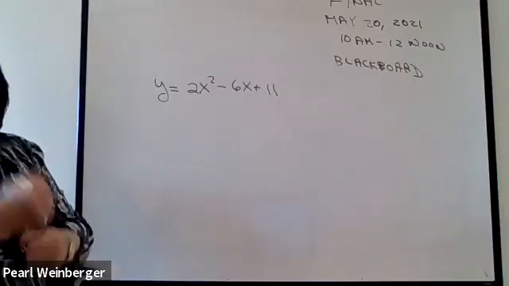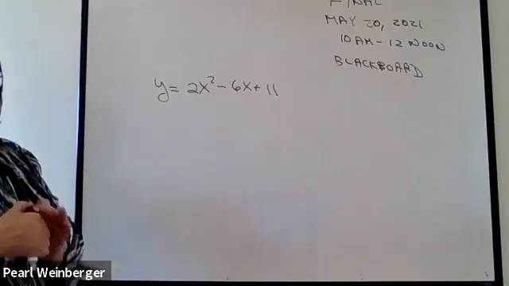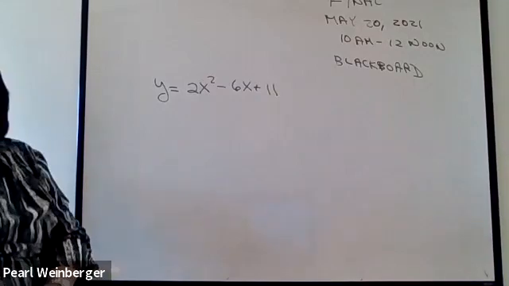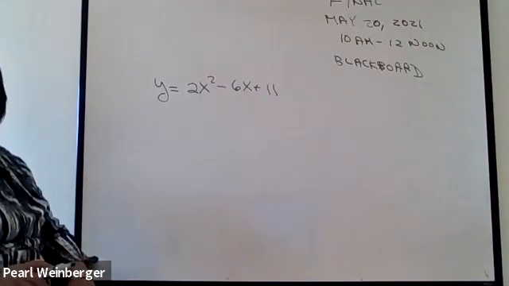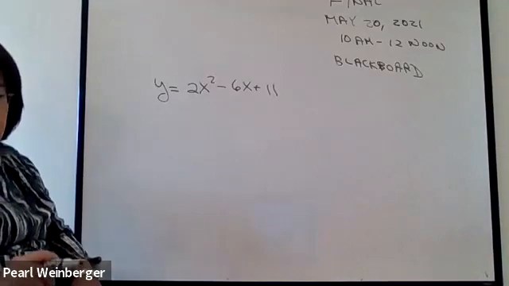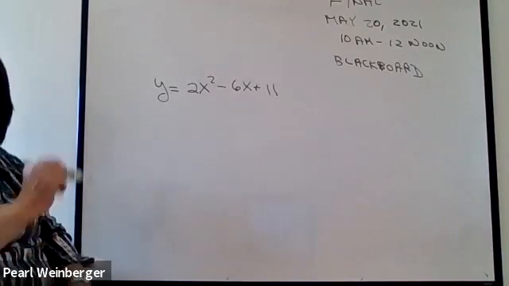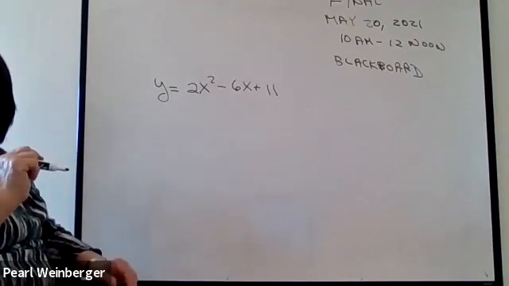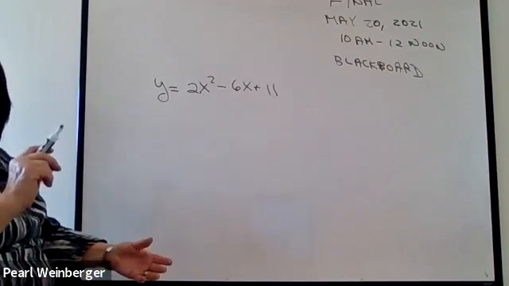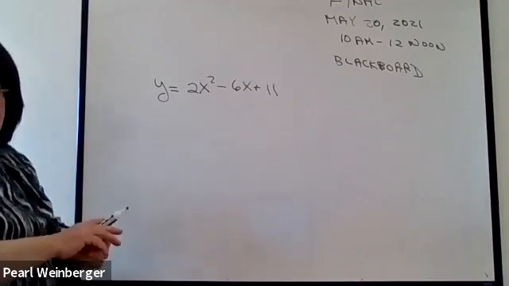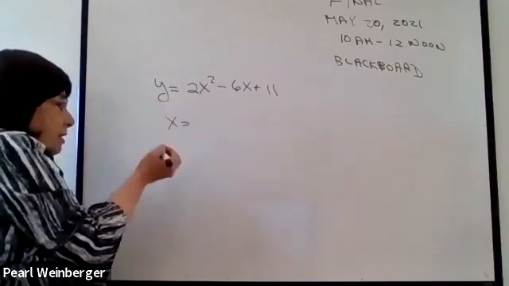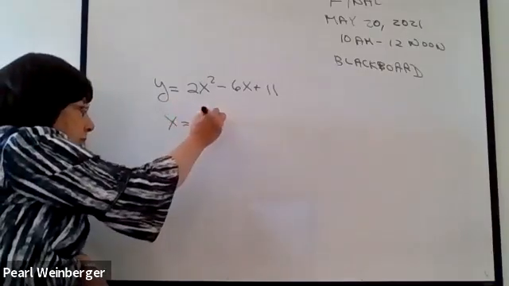I'm ready, Professor. Okay, you're going to walk me through this. What do I have to do to find the vertex? What's my formula? x equals negative b over 2a.